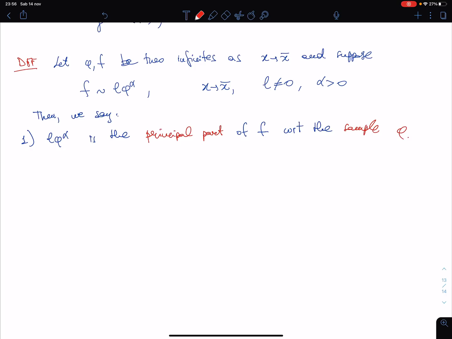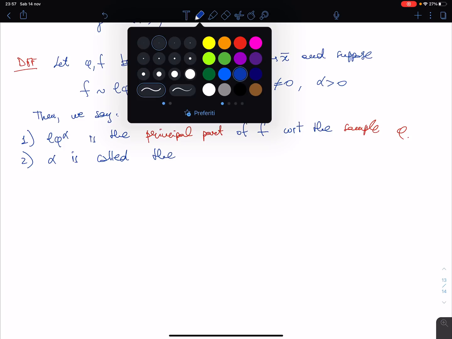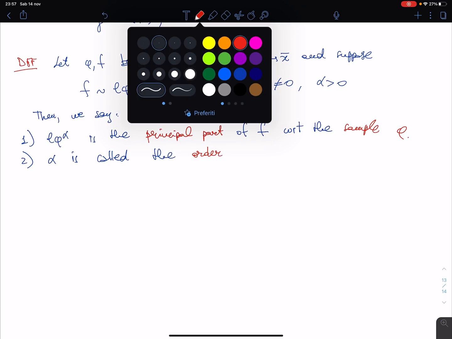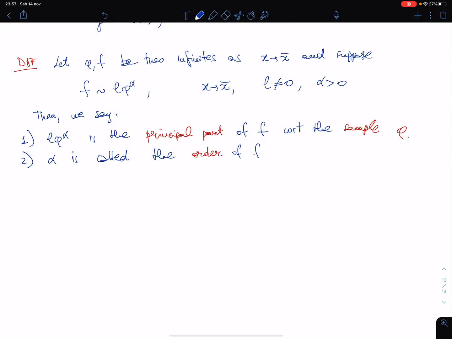And second, as before, alpha is called the order of the function f with respect to the sample phi. Okay?